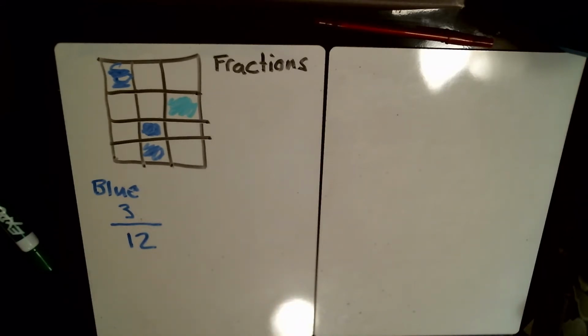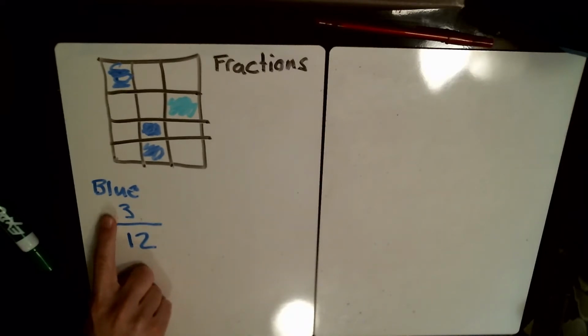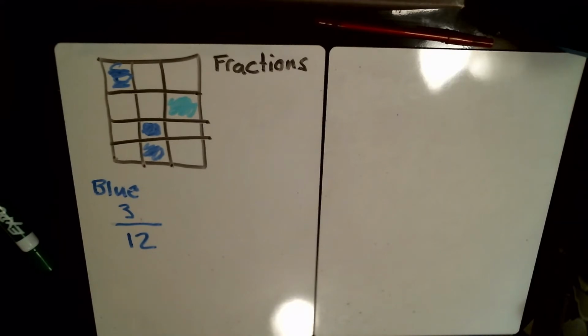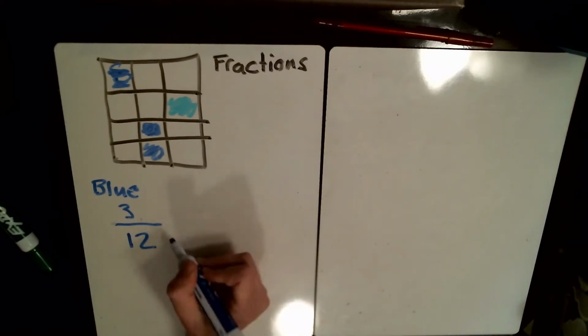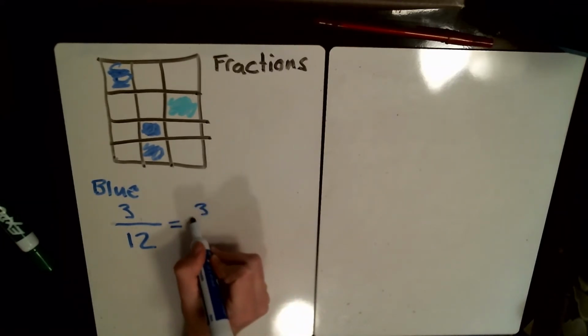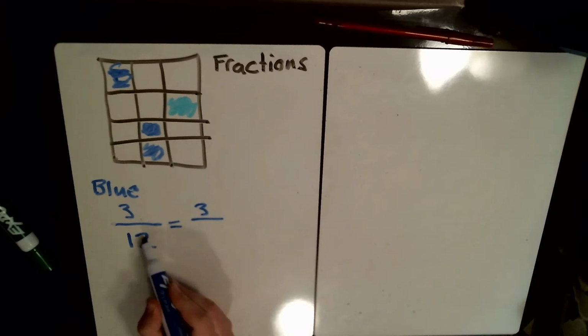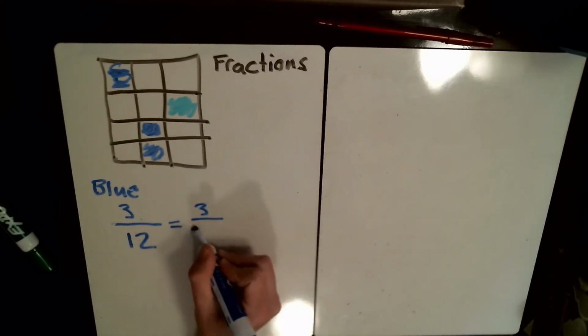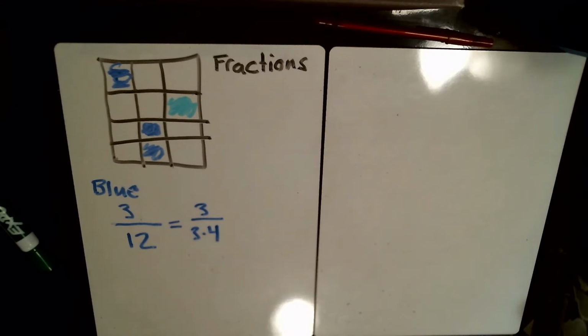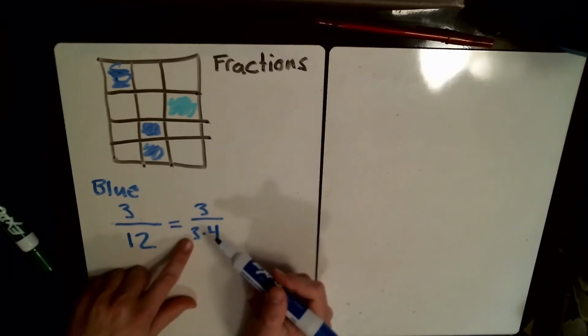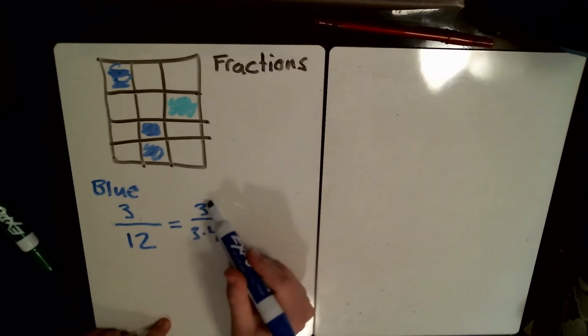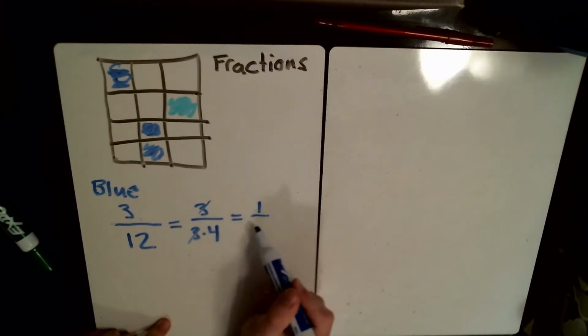Okay, so this is how you would represent this in a fraction. Now, if you do remember, we can make this fraction a little bit nicer, because 3 and 12 both share common factors, right? You'll notice 3 goes into 12, right? So you could think of this as 3 over, well, how many times does 3 go into 12? It goes in 4 times, right? 12 is 3 times 4. And so when you have 3 divided by 3, those cancel, and we get 1 over 4, right?